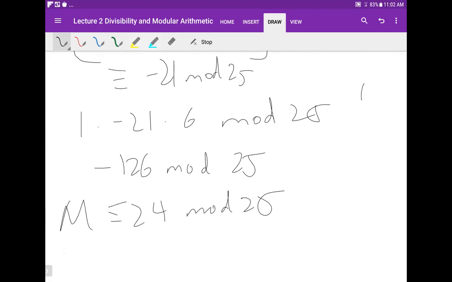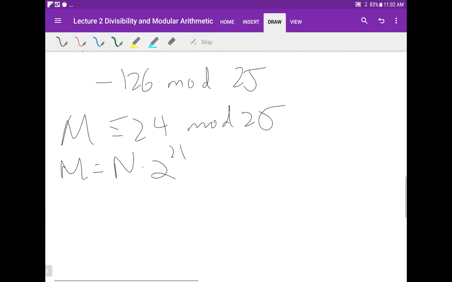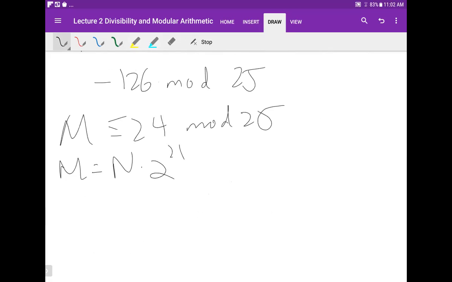And m is also equal to n times 2 to the, what was it, 2 to the 21, right? So now what we want to find is what is 2 to the 21 mod 25, right? So we know that 2 to the 10, if you don't know this off the top of your head, it's okay. But most people who do competitive math know some perfect powers really well.